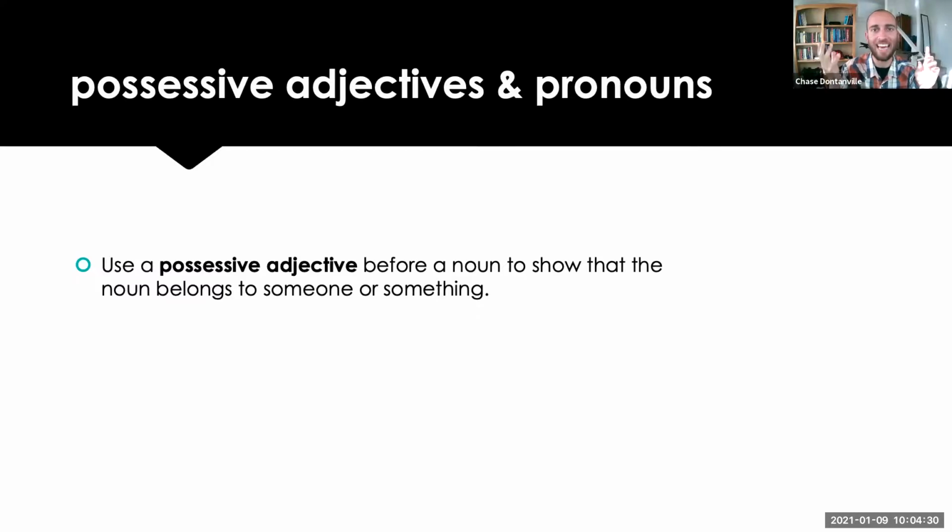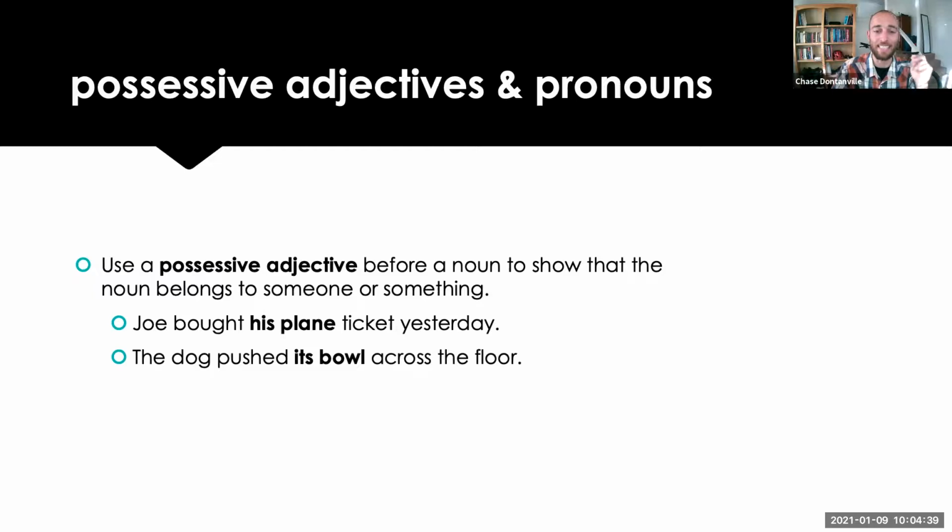So whose thing is this? Joe bought his plane ticket yesterday. The dog pushed its bowl across the floor. His and its are the possessive adjectives because they go with the noun. Whose plane ticket? His plane ticket. Whose bowl? Its bowl, the dog's bowl.